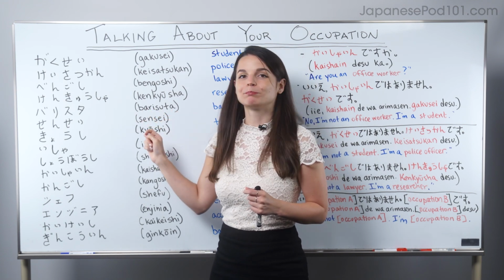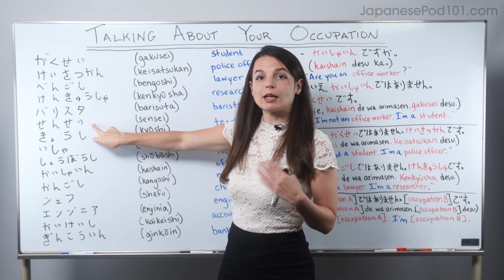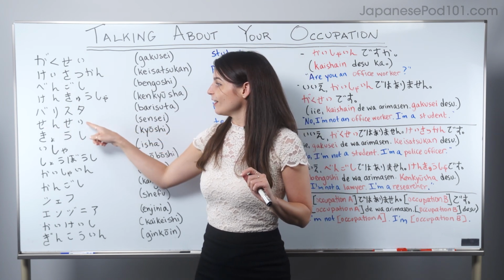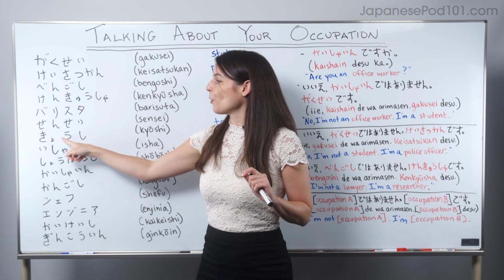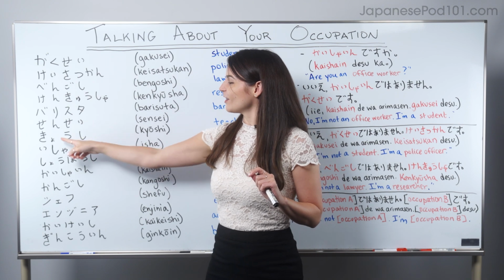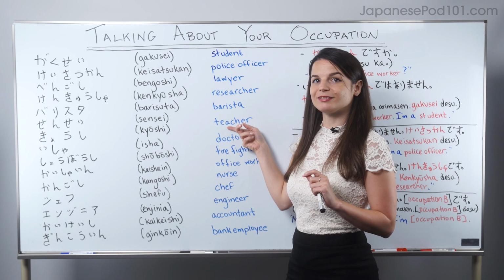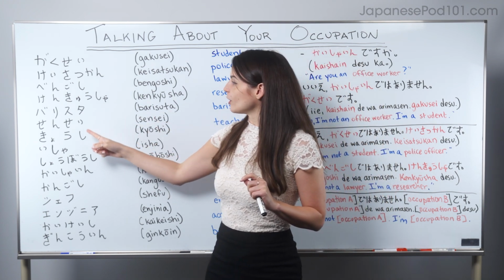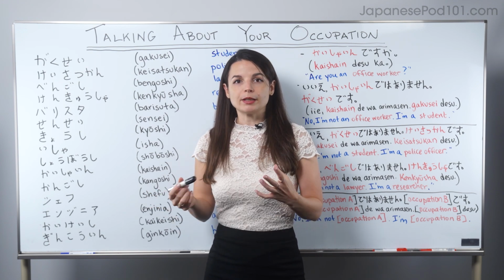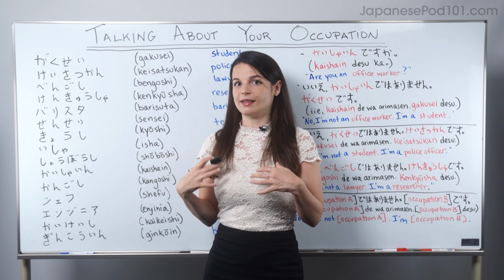Okay, next, these are two words that can be used to refer to the same occupation. They are sensei and kyoshi. Both can be used to refer to a teacher. One point about the word sensei, which lots of people are familiar with: typically, when someone is a teacher, they don't refer to themselves as sensei.